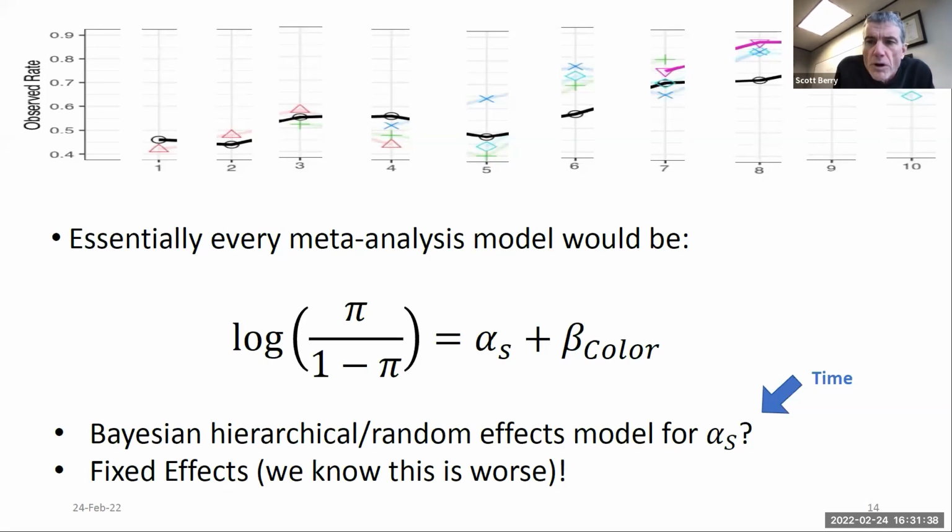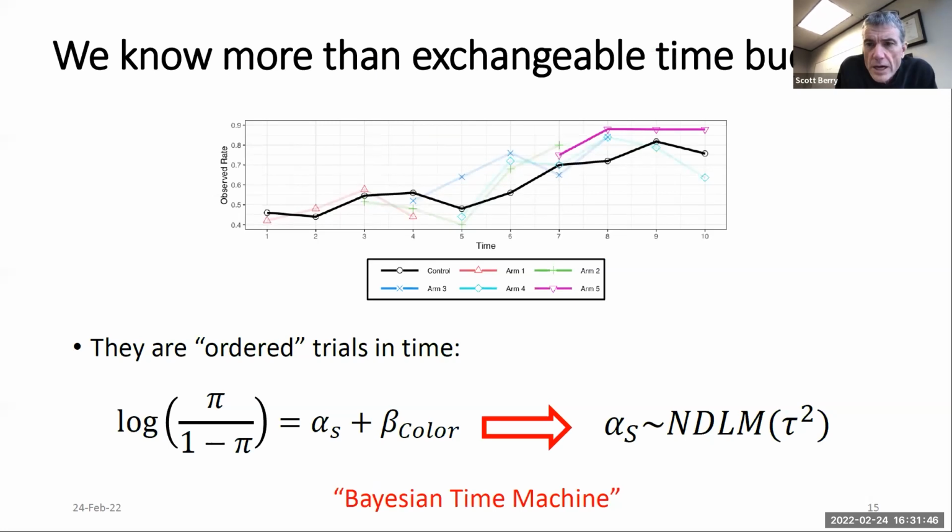So if we move forward, we can model the alphas, the study effects or the time effects, next slide, with a smoothing spline. So you can model the alphas with some way of time, and we would not do this with a linear effect. We would not do it with even a monotonic effect.